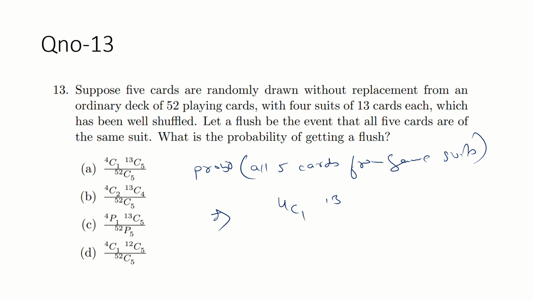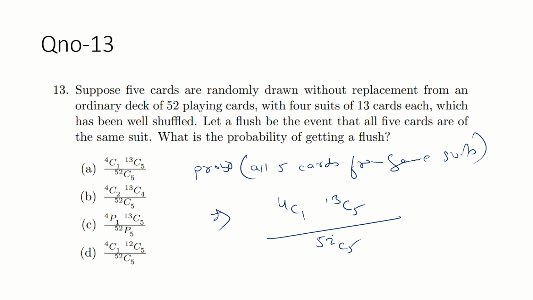And out of these 4 suits, each has 13 cards in it. So maybe these 5 cards are from the 13 of each, 13 cards each from the 4 suits. So 13C5, and out of these 4 suits, that is 4C1, divided by 52C5.